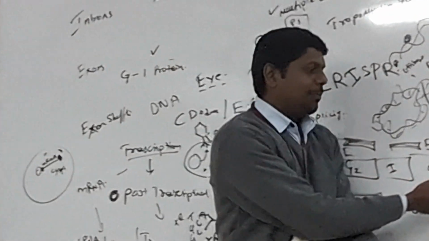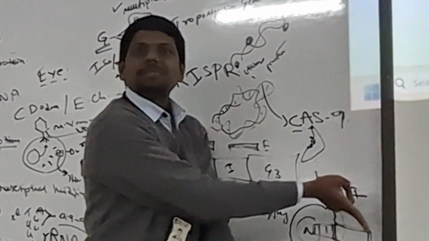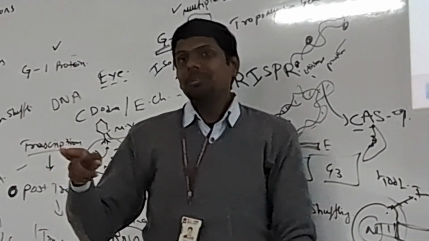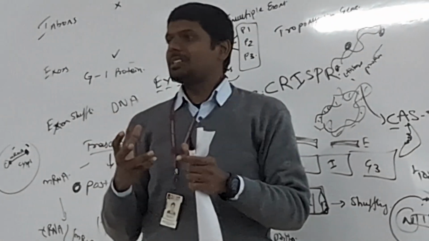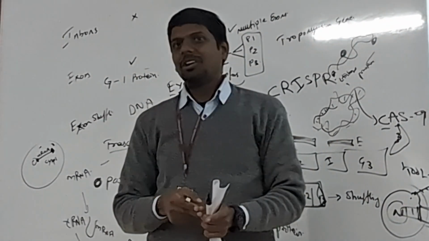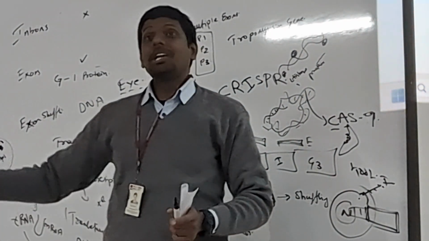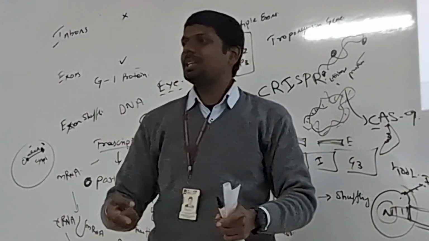Now this Cas enzyme will guide through the genome and it will do the cut wherever we need, and that will be replaced by a good gene. By the way, our DNA has a very good mechanism. If you cut the gene, it will replace it with a better gene. It will do proofreading, or something is missing here and it will replace it.